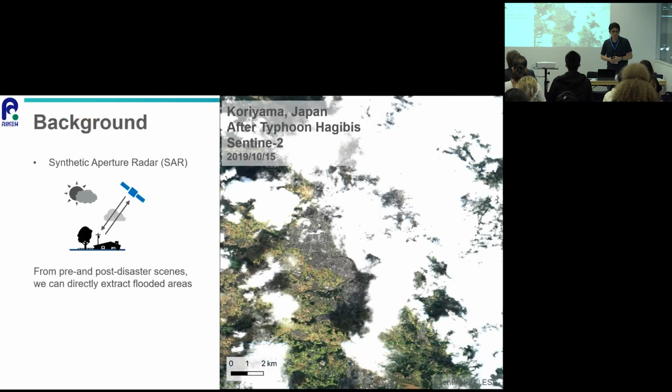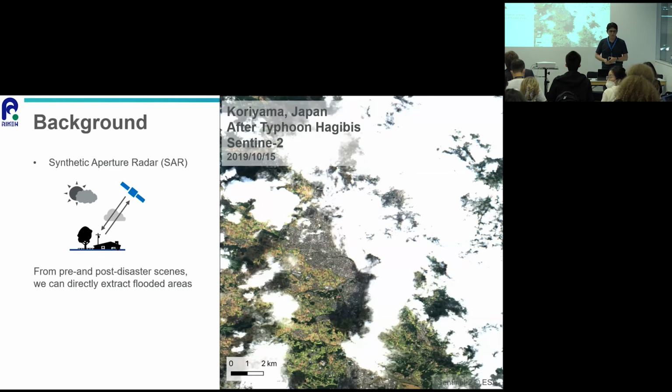I think we all understand that in some applications, SAR, or synthetic aperture radar, has some advantages. For instance, this is possible data from Sentinel-2 after Typhoon Hagibis in Japan. You can see that there is a city there, but it is covered by cloud, right?